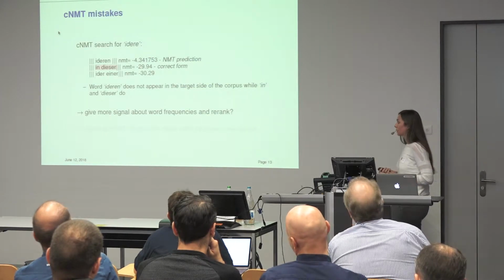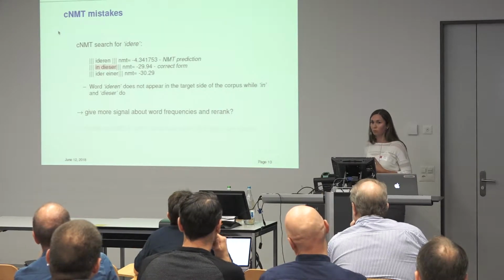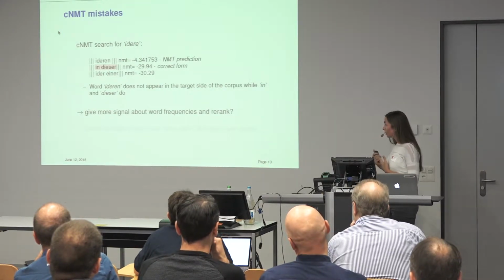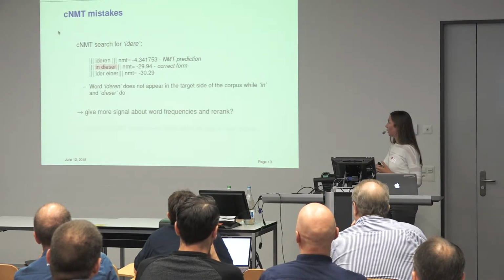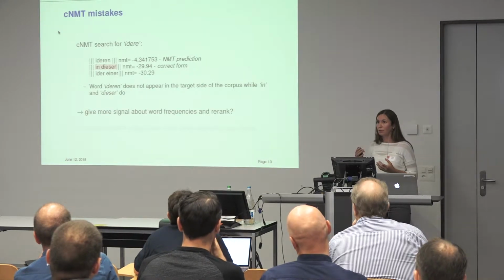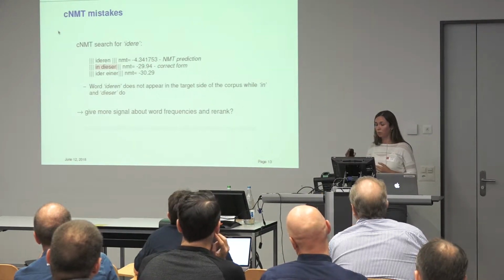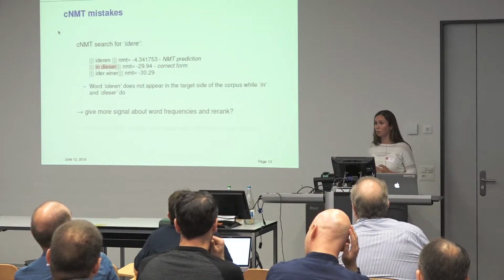Now if you look at the output of the NMT system, we can see that there is room for improvement. Here we have an example for the input word itere. During the decoding stage, the NMT system produces a list of normalization hypotheses which are ranked by the NMT system scores.